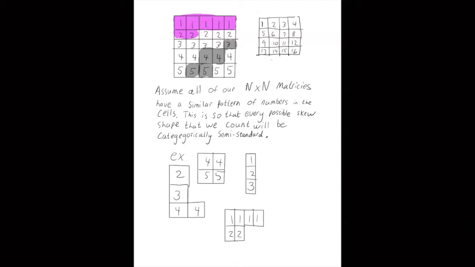Here are some more examples of shapes that we will be counting, that follow the precepts set by the semi-standard definition. Now I'll show you the actual process of counting our skew shapes.